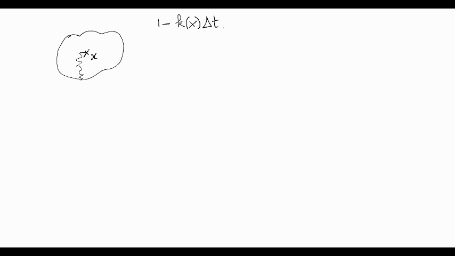In principle, to answer this question, we would say that this can be answered using the probability density function.